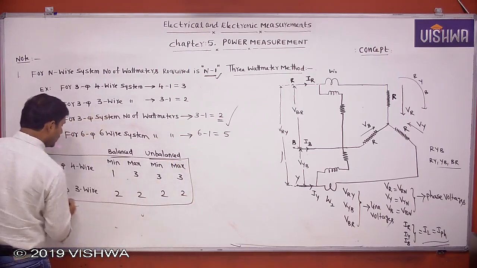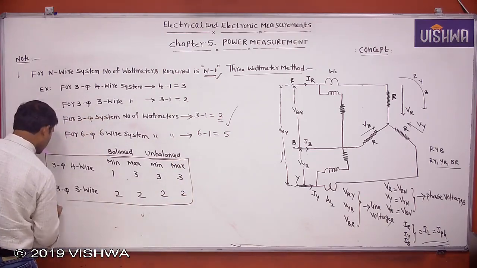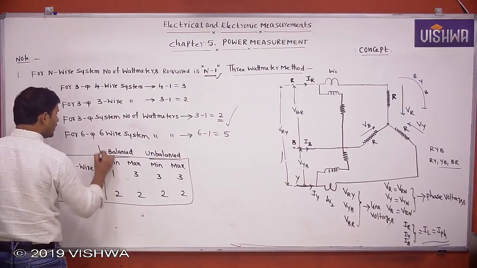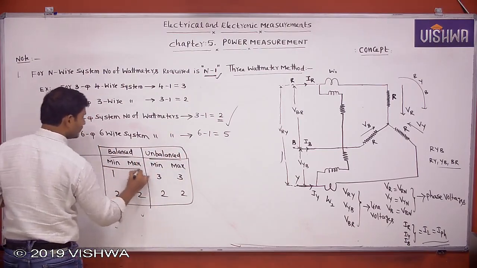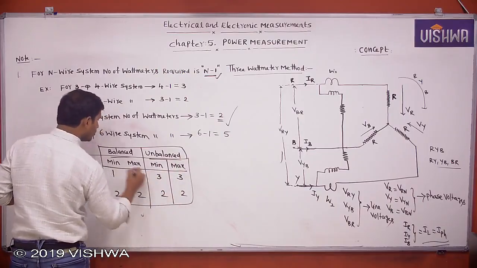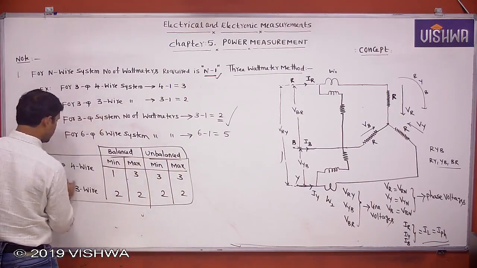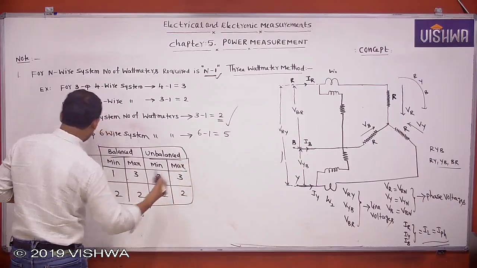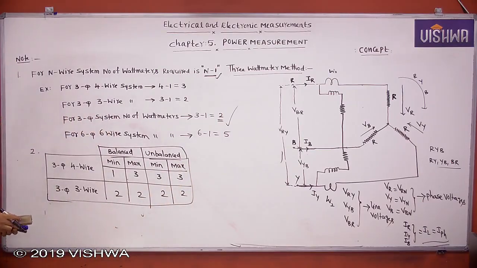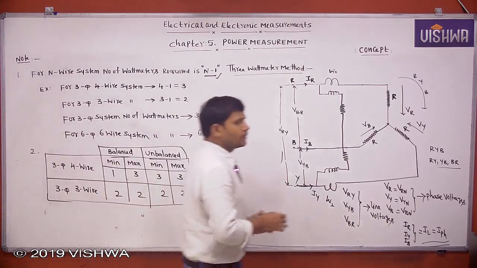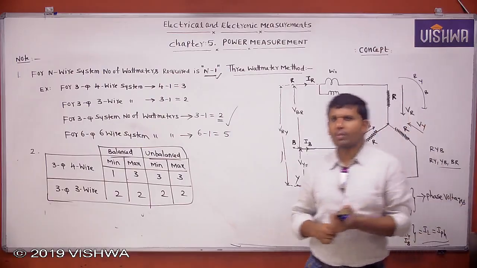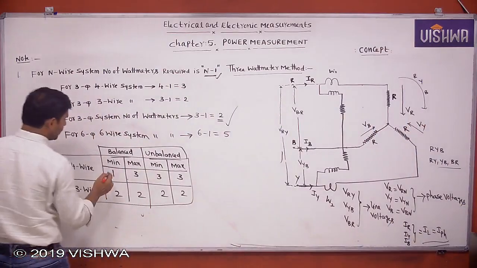How to select the minimum and maximum number of wattmeters in a balanced and unbalanced system? See this one, except this one, in all the cases this same formula is applicable.